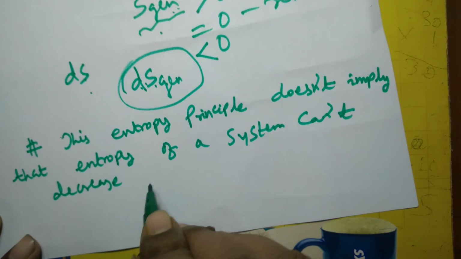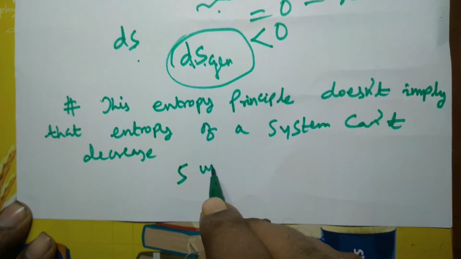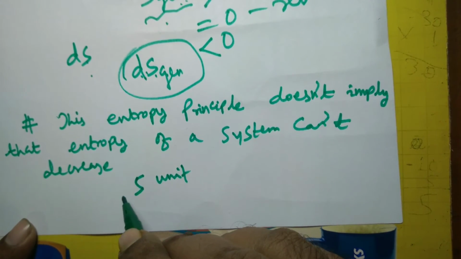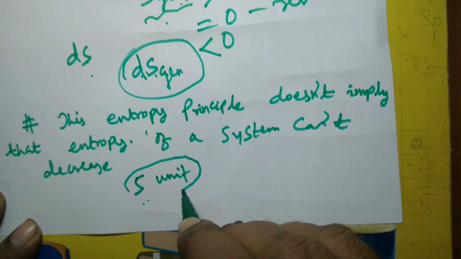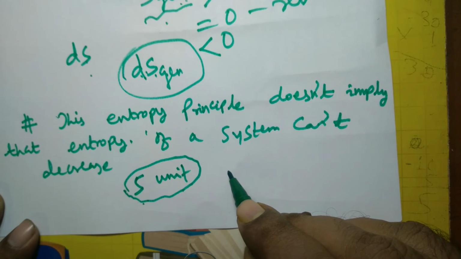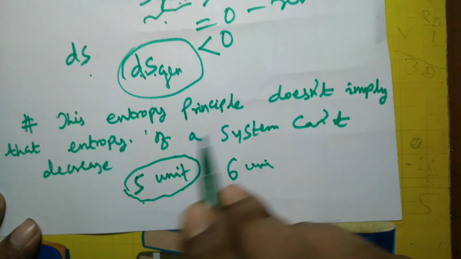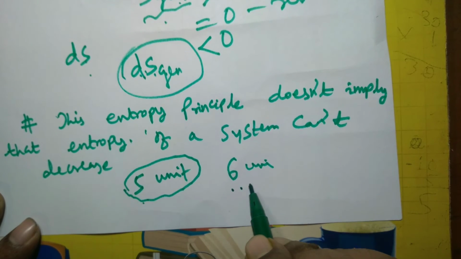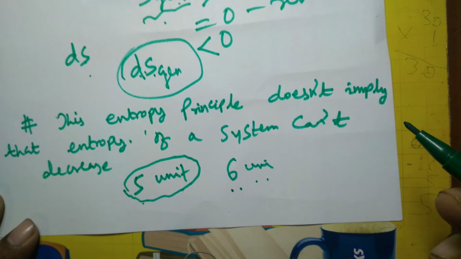Suppose entropy of system is decreased by 5 units. This is possible. Entropy of system can decrease. So how does this come out? Because if entropy of system is decreased by 5 units, it means entropy of surrounding will increase by, suppose, 6 units. That means altogether you will find that plus 1 unit of entropy will increase as far as the entropy change of universe is concerned.